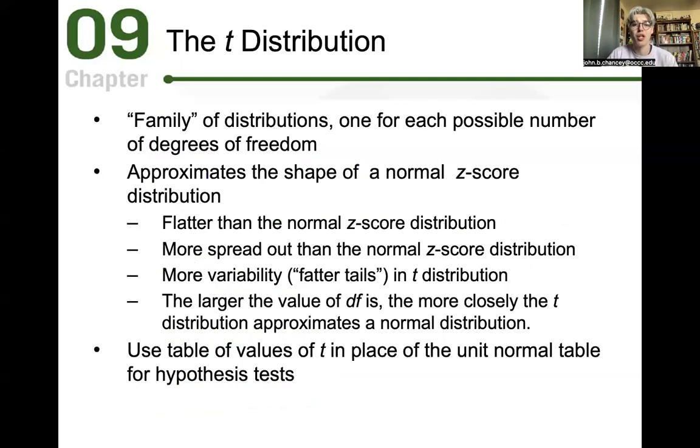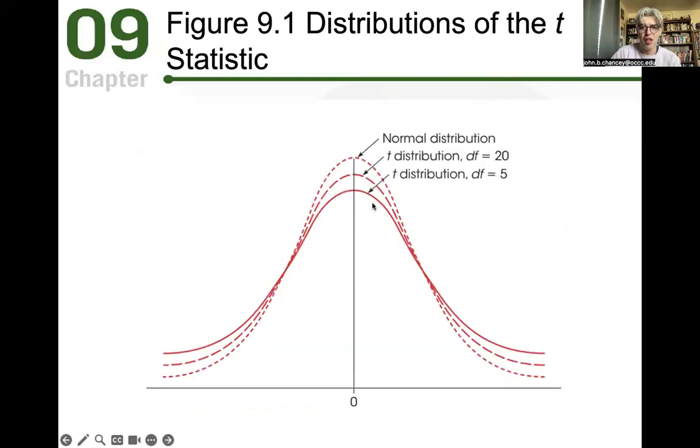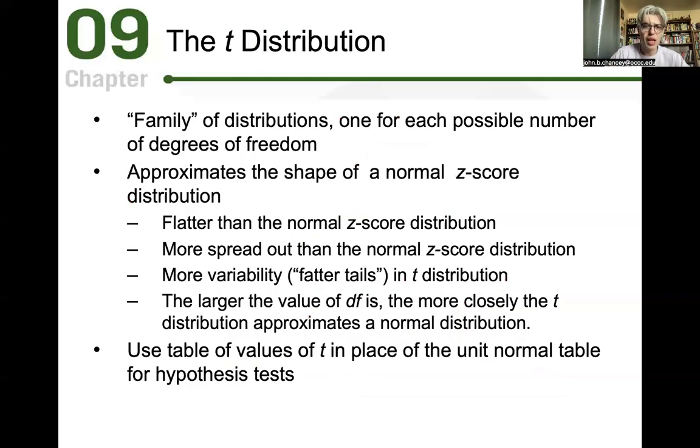So the t distribution, similar to a normal distribution, is a family of distributions. There's one for each possible number of degrees of freedom. So in theory, you have one for degrees of freedom of 20, for 5, and everything in between. And really what it's trying to do is approximate. Remember, this is an approximation of a z of x bar test, so it's going to try to approximate the shape of a normal z-score distribution.